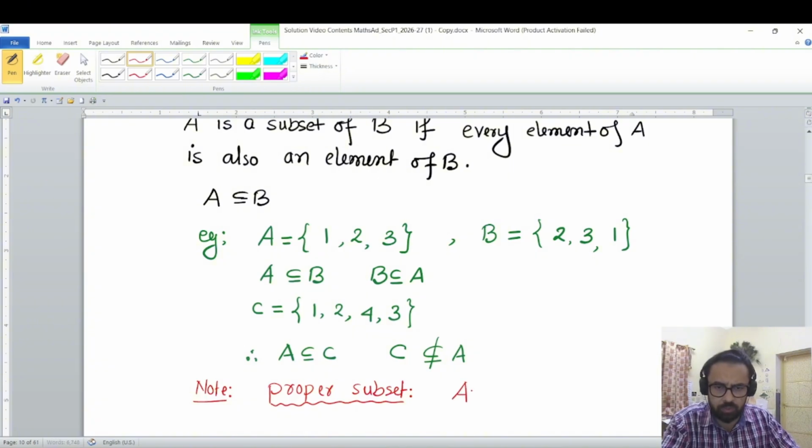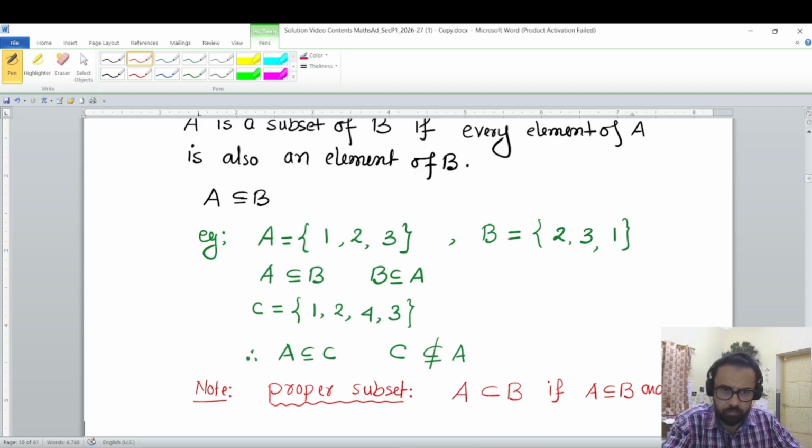A set capital A is a proper subset of another set B if A is a subset of B and A is not equal to B. So actually, if we see the notation here between A and C, instead of subset, more correctly you can write a proper subset.